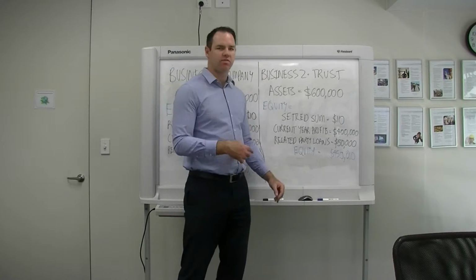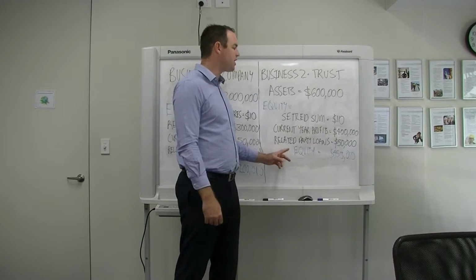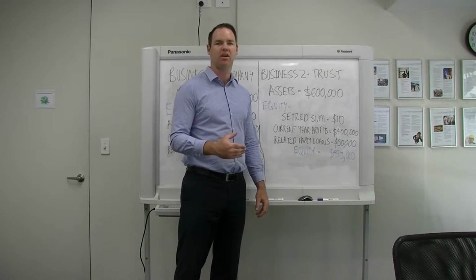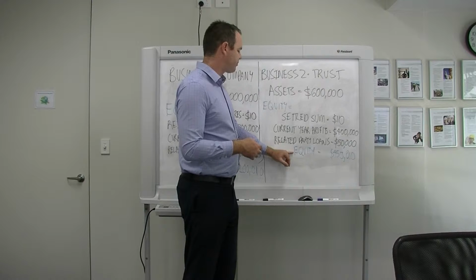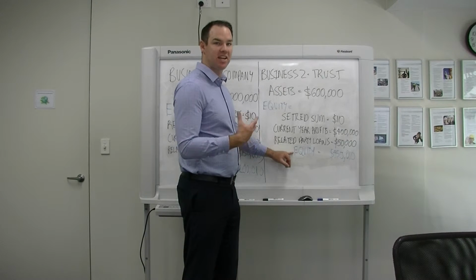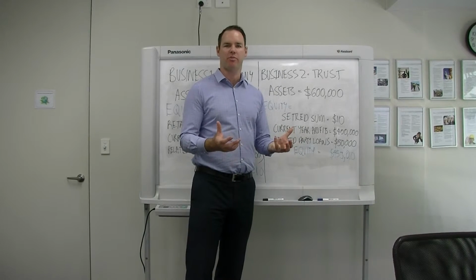That means their equity is $450,010, which means there's a 75% equity to assets ratio. $450,010 divided by $600,000 gets you 75%.